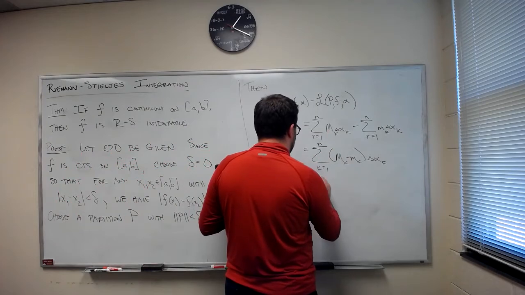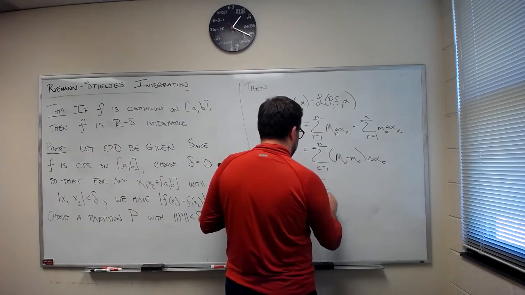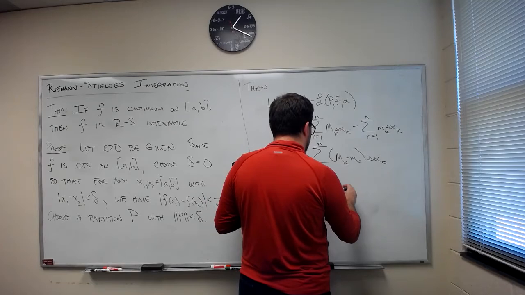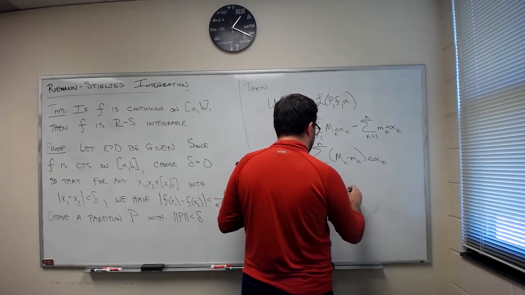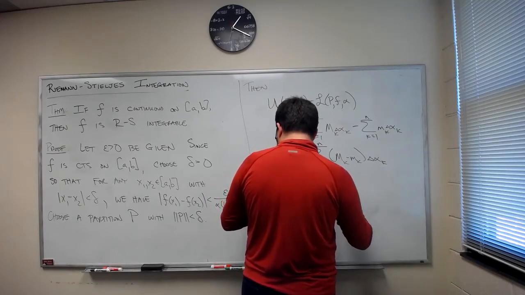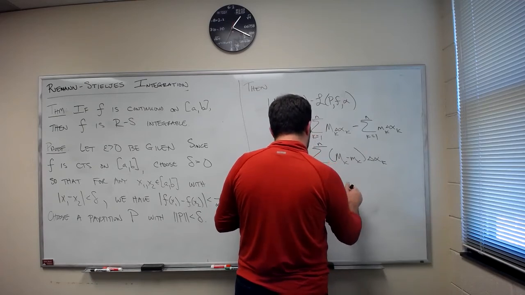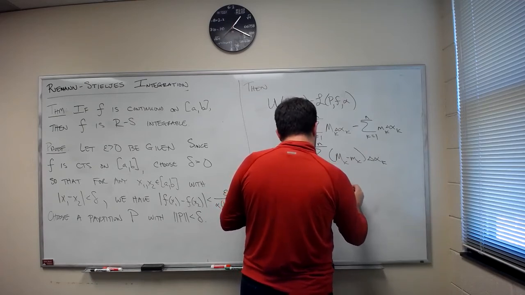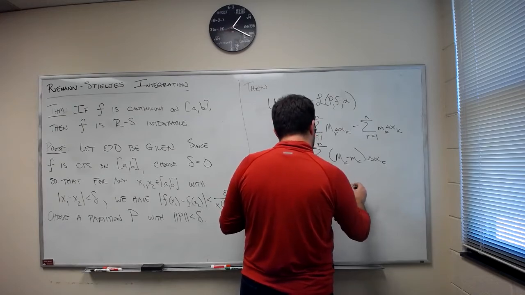So I can write this as, say, f of some value, and to be consistent with the book's notation, I'll call this x_k1.